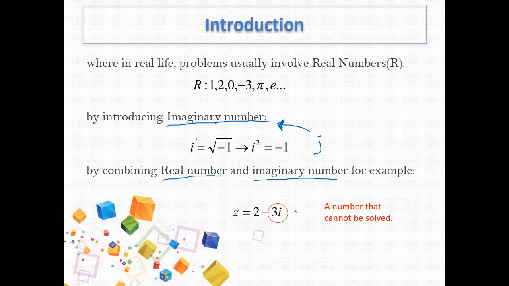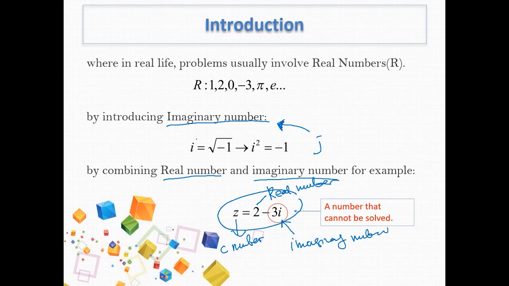For example, like this, where z is a complex number, to denote a complex number, 2 here is the real part, the real number, and here negative 3i is the imaginary number or the imaginary part.